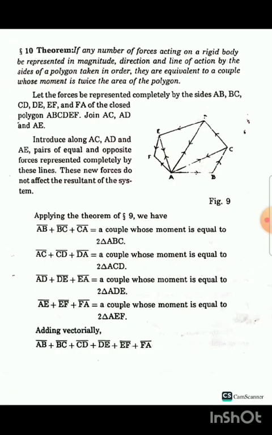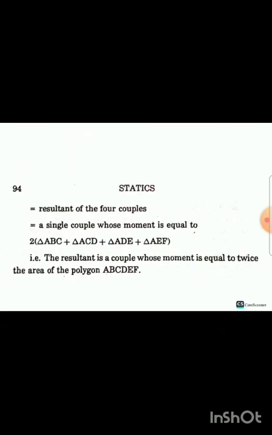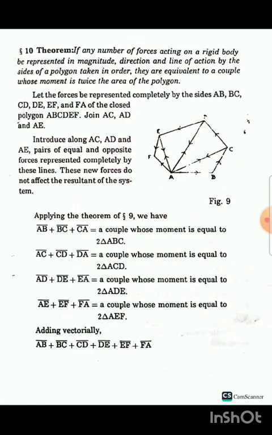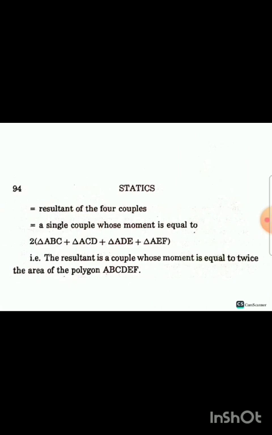From these four cases, the resultant gives a single couple whose moment is the sum of the four twice-triangles. Taking 2 as common, we get triangle ABC plus triangle ACD plus triangle ADE plus triangle AEF. Therefore the resultant is a couple whose moment is twice the area of the polygon ABCDEF.